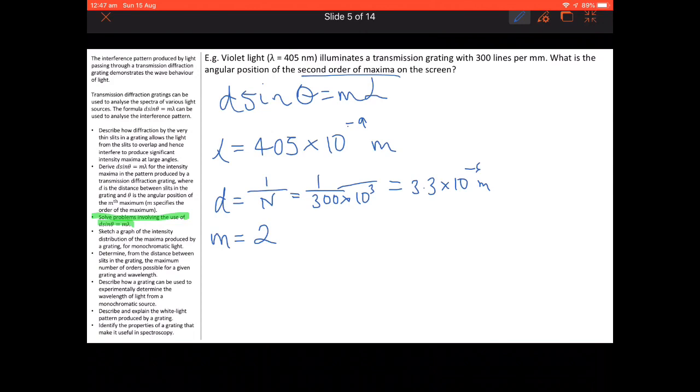We're not sure what theta is, but that is what we are looking for.